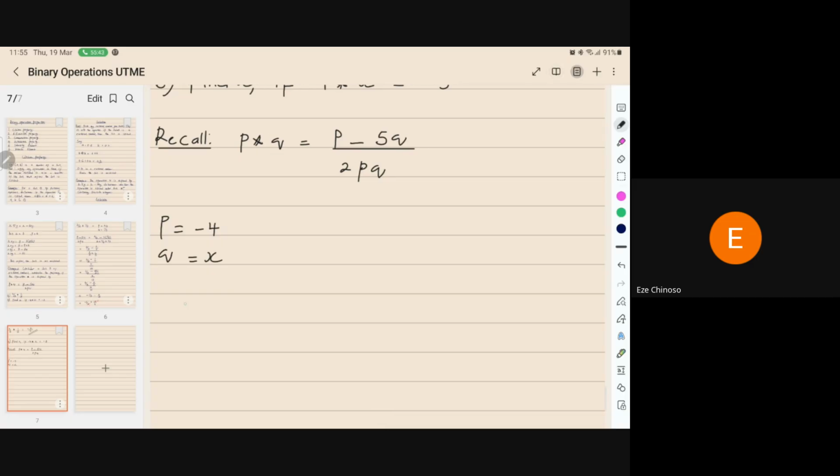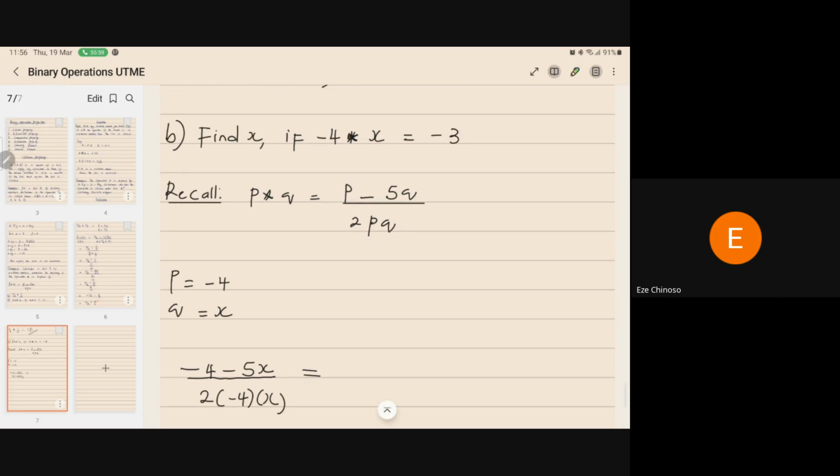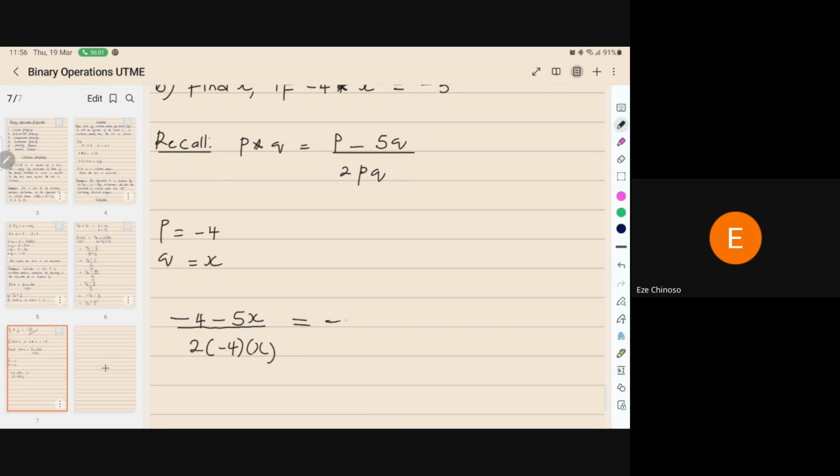Anywhere I see P, I have (-4 minus 5X) over (2 times -4 times X) is equal to -3. Recall, because from that place, they said that -4 asterisk X is equal to -3. So that's why I'm equating this to -3.